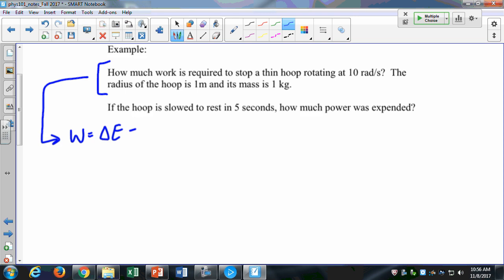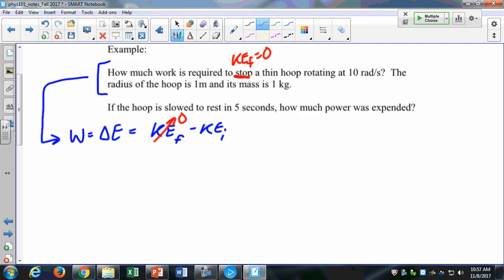The change in energy is KE final minus KE initial. Initially it has energy, but the final energy is going to be 0, because I'm trying to stop this thing. It will come to a rest, so KEF is equal to 0.